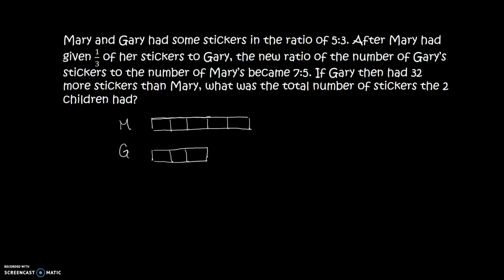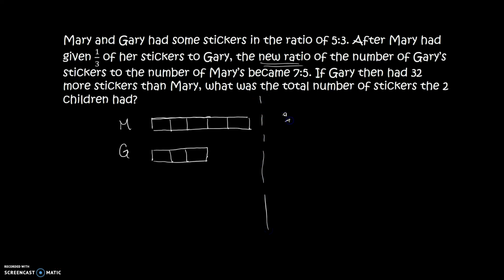Okay, so here's the deal. I could split this up into thirds and then give a third to Gary, but you know what? The word problem already tells me that the new ratio of the number of Gary's stickers to the number of Mary's became 7 to 5. So let's just go ahead and model that.